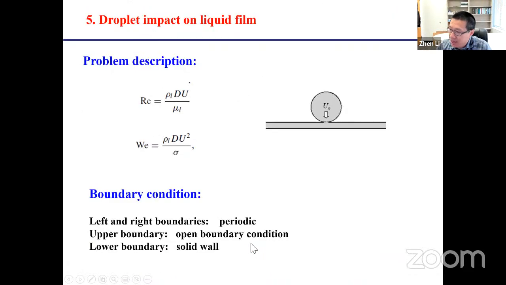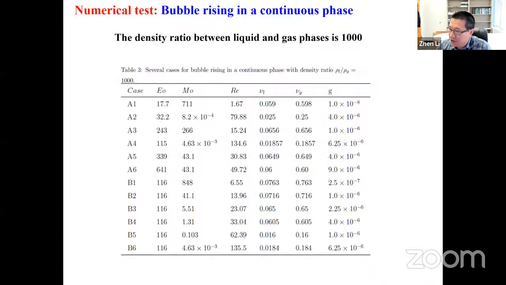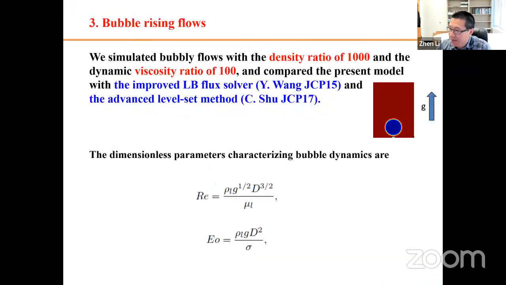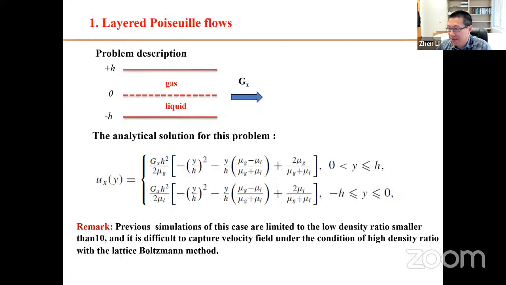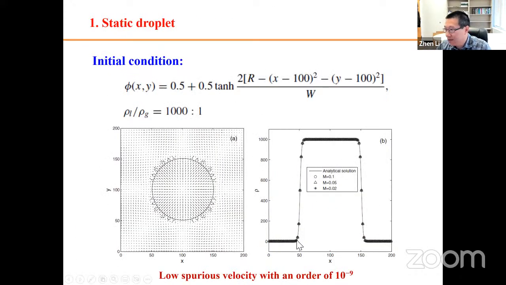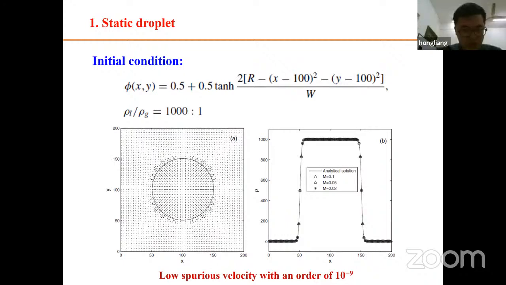I'm wondering if you use any strategy to improve the computational efficiency, or you just use a uniform mesh size? The interface of the liquid and gas is extremely sharp. Do you use any multi-grid or non-uniform grid to capture the details at the interface, or just a uniform mesh?